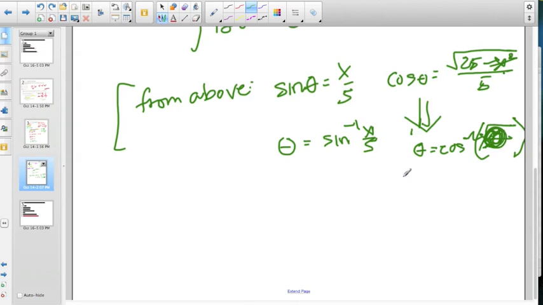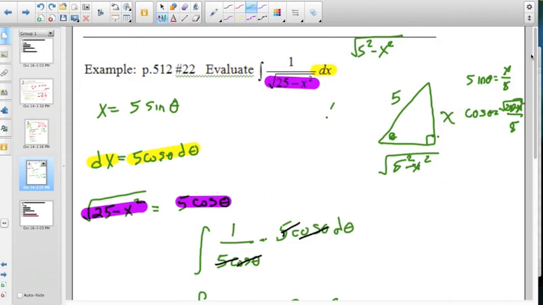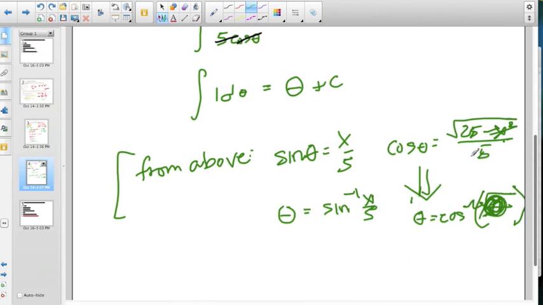It's not wrong. It's just an alternative answer. And so if we go ahead and get the answer here, then I'm going to choose the inverse sine of x over 5 plus c as my answer. That's one option for an answer.